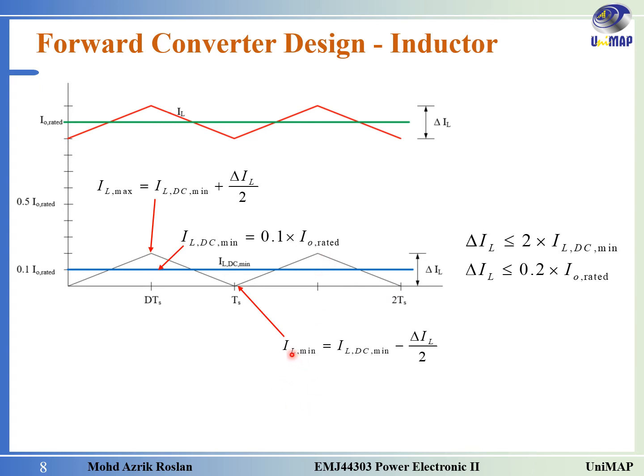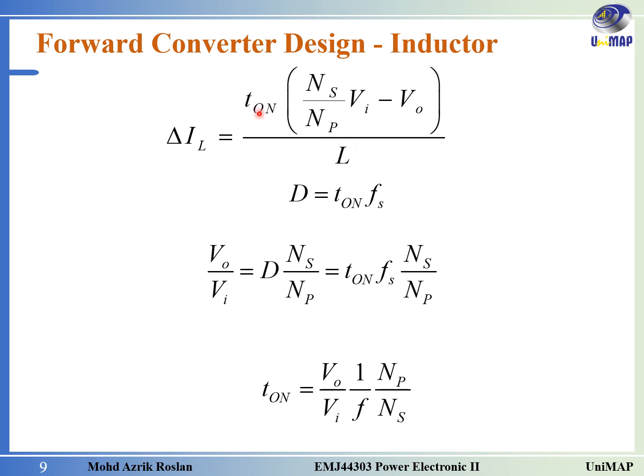For the IL min, this is equal to ILDC min minus delta IL over 2, and this one can become 0. We have to make sure it is 0 or bigger than that. We cannot have a negative value here. So that's all the equations we have for this inductor.